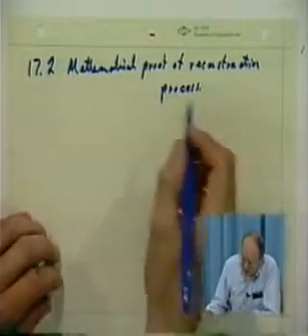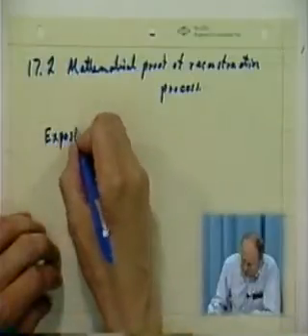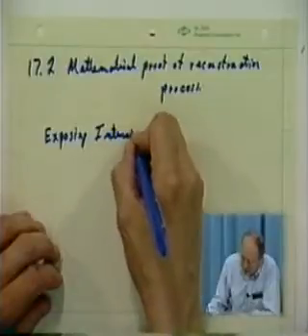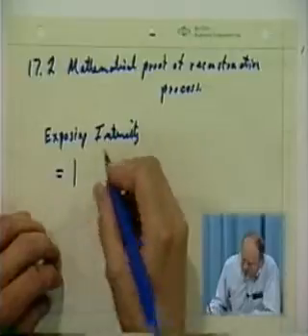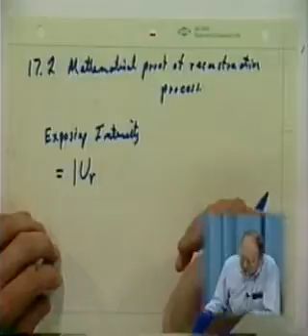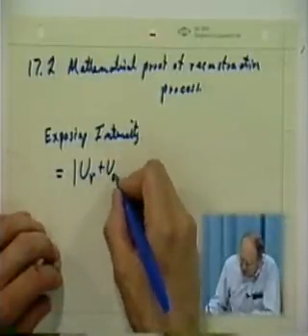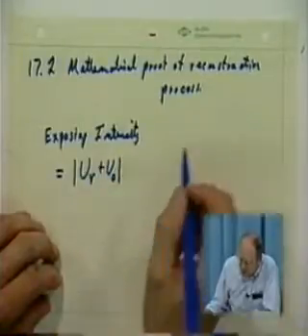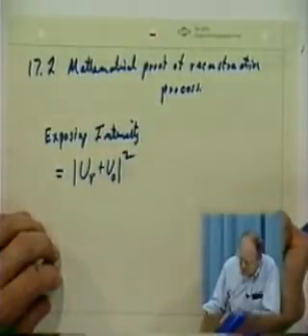So let's say that we make a hologram with some exposing intensity, irradiance, which is going to be, well, we're going to have two beams we're going to interfere. One of these we're going to call the reference beam, so I'll call that U sub r. And the other one is the object beam, so I'll call that U sub O. And so that's the amplitude falling on our recording material, and we'll square that to get the intensity.